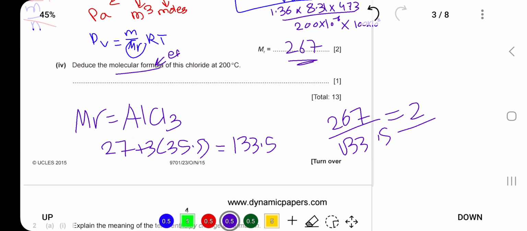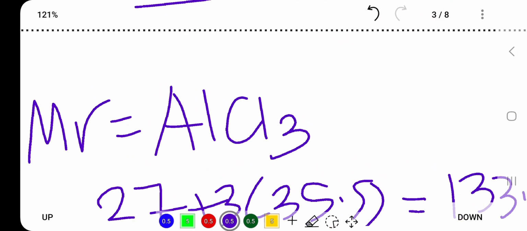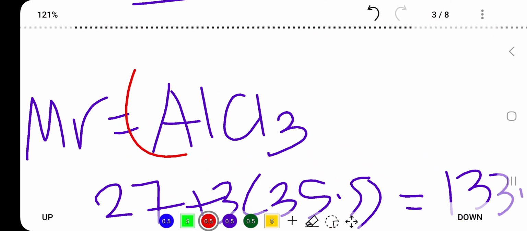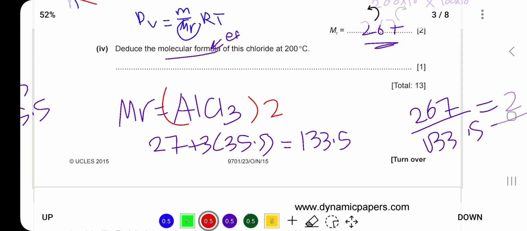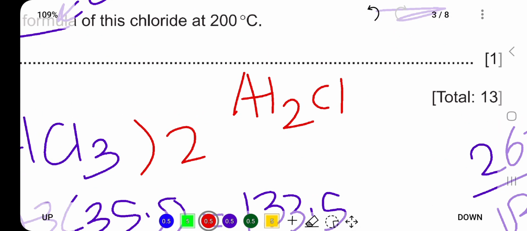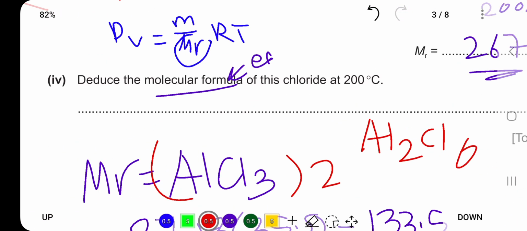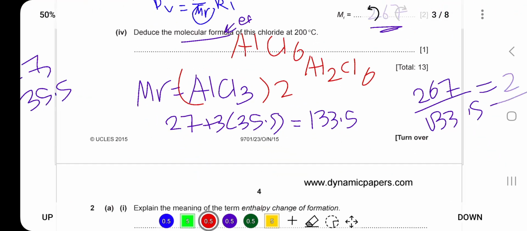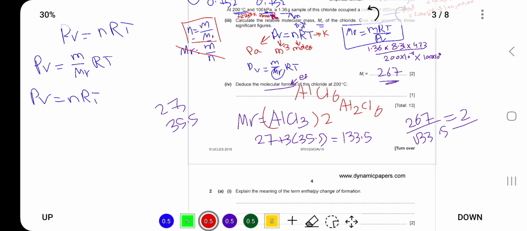So 2 is the number that you multiply the empirical formula by to get the molecular formula. So it's going to be Al2, 3 multiplied by 2 is 6, so your answer is Al2Cl6. Great. Hopefully you understood everything so far.